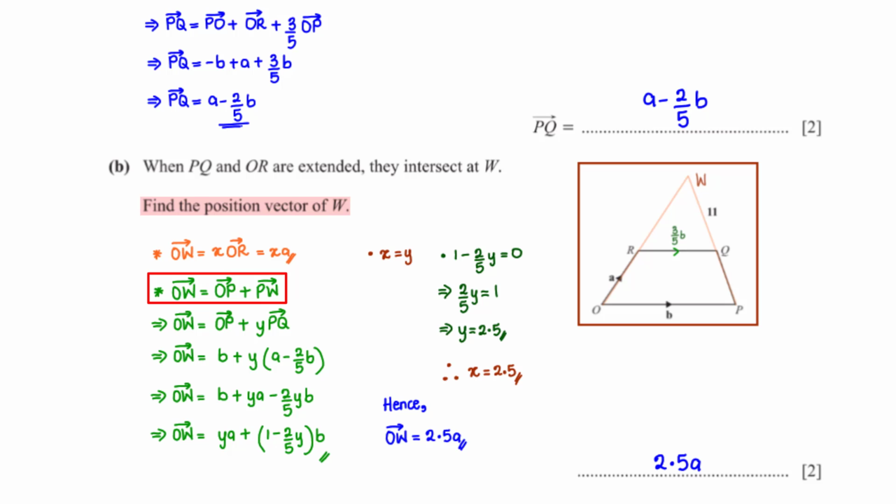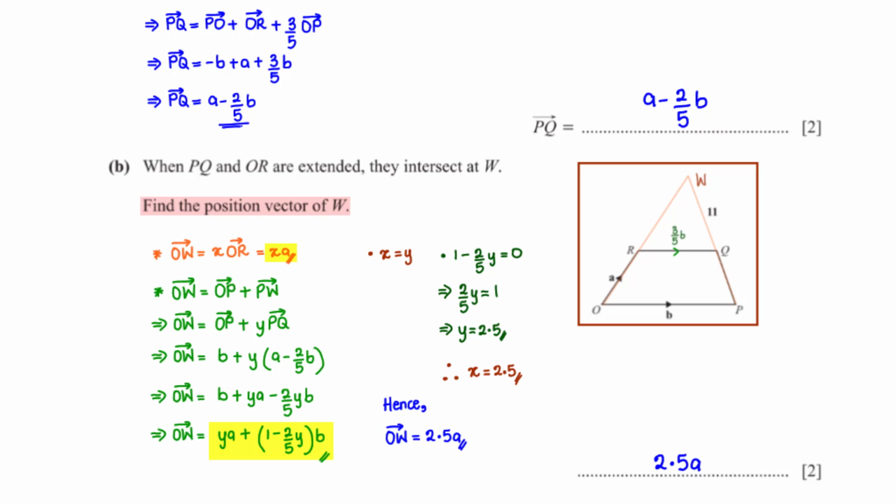PW can be expressed as a scalar multiple of PQ. Let's call this scalar multiple y. OP is B. We've already found PQ in the previous question as A minus 2/5B. So when we expand the brackets, this is what we have. We can rewrite this as yA plus (1 minus 2/5y)B.